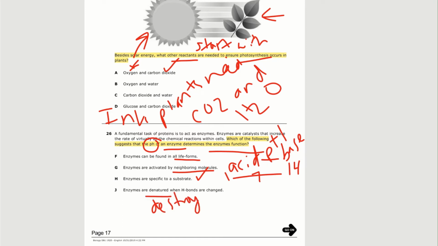Destroyed by H bonds that are changed. H bonds. Could that be the pH? Yes, guys, it is the pH. Percent of hydrogen present is pH. That is what that means, by the way. Now you know.